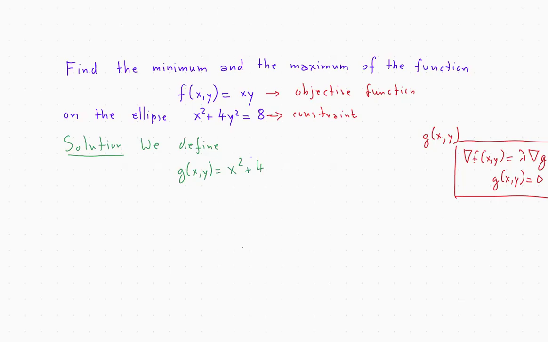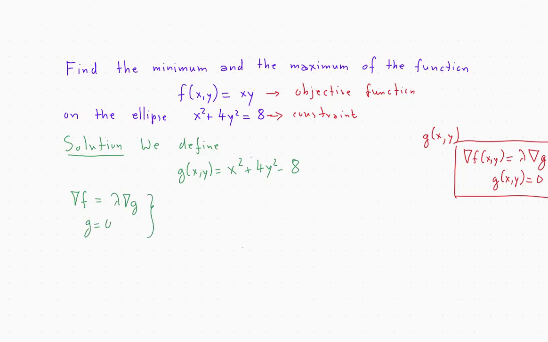And then the system that we would like to solve is that the gradient of f is lambda times the gradient of g, lambda being the usual auxiliary unknown in the method of Lagrange multipliers, and g is equal to 0. Okay, let's see how this translates into simple equations.